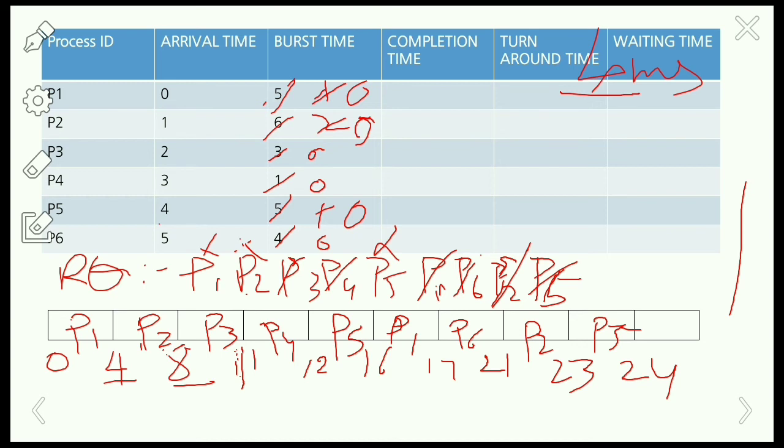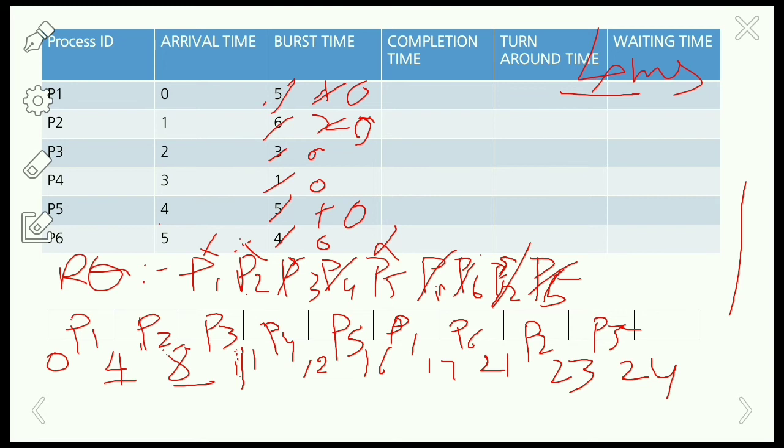Here I am taking a larger time quantum, so the context switching is less. If you increase the time quantum beyond 4 milliseconds, it will act somewhat like the first come first serve scheduling algorithm.